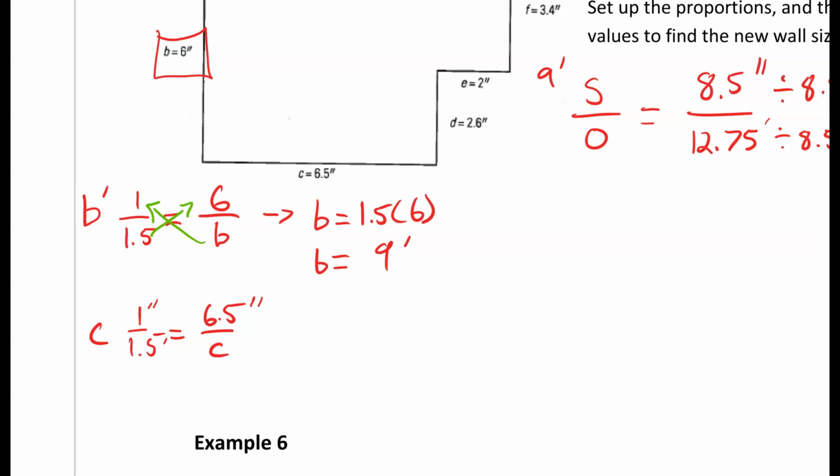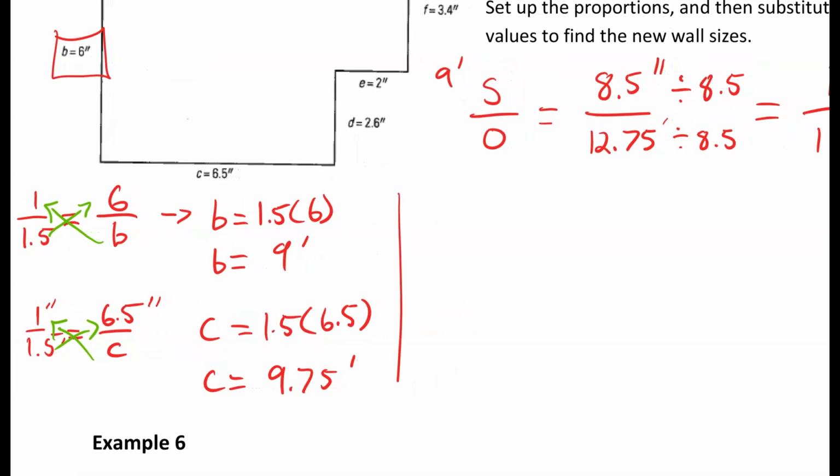Now what we get is our cross multiplication. So we have 1C, or just C, equals 1.5 multiplied by 6.5. 1.5 times 6.5 gets us C equaling 9.75, and that's feet.